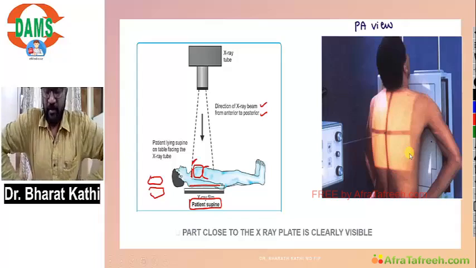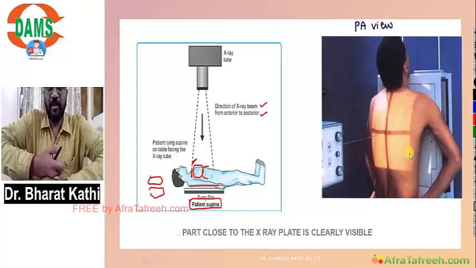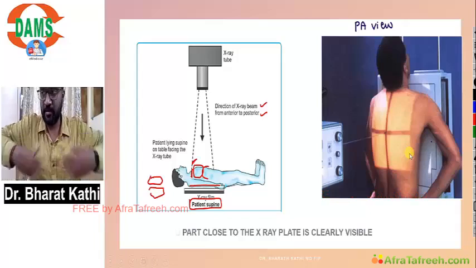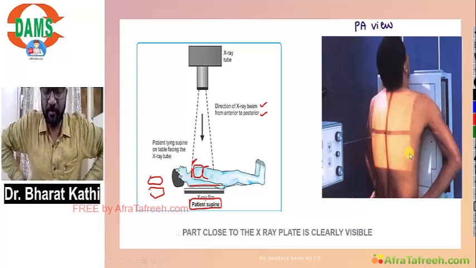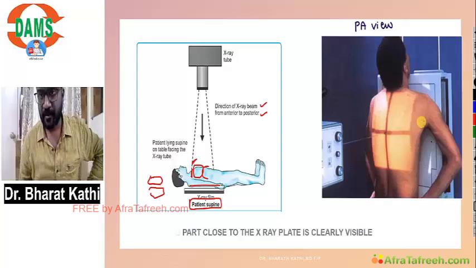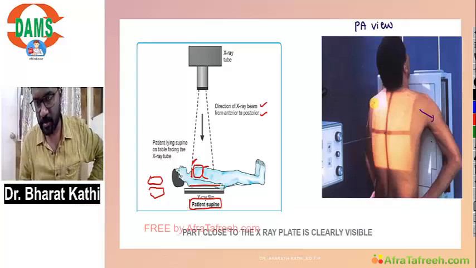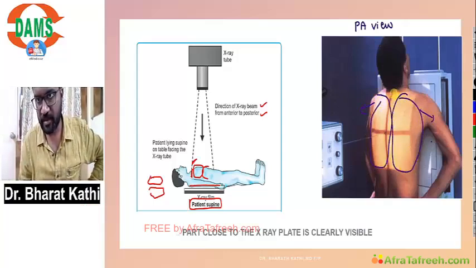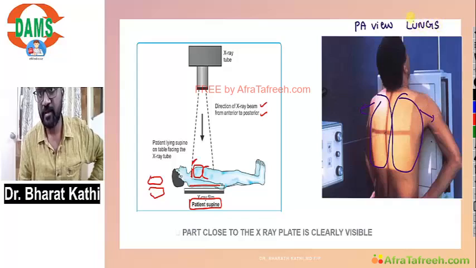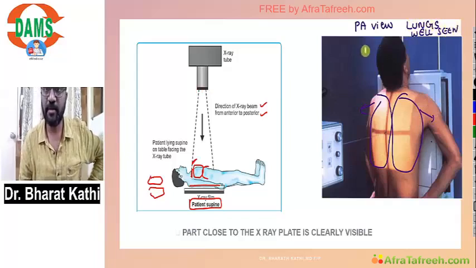You tell me, when I hold like this, these scapulas are going away. So once these scapulas are going away, now what will happen? Your lung fields will appear very good. So here lungs are well seen. That's why if you want to identify pathology in the lung, it is PA view.